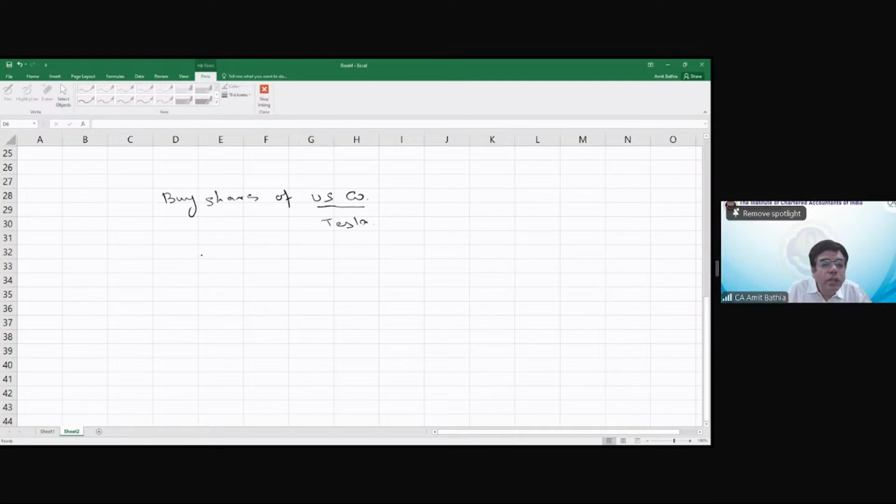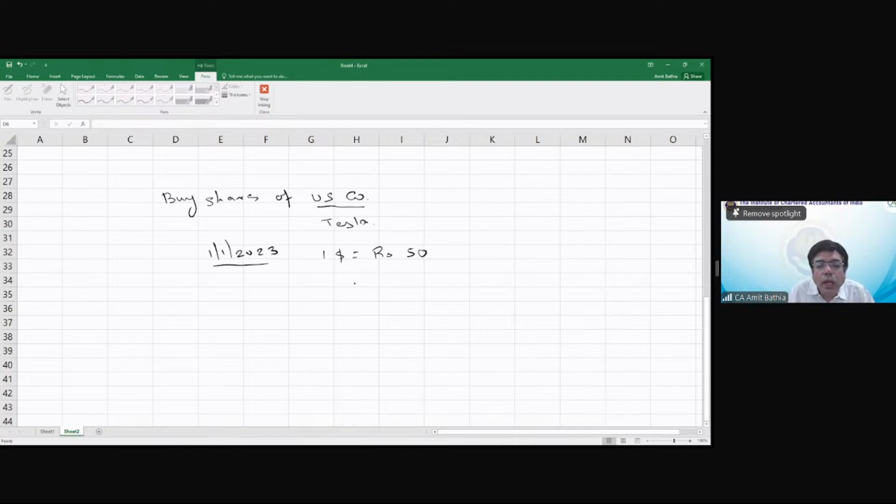Let's say the date is 1st January 2023. On 1st January 2023, you are in the market, and you are told that $1 is equal to rupees 50.